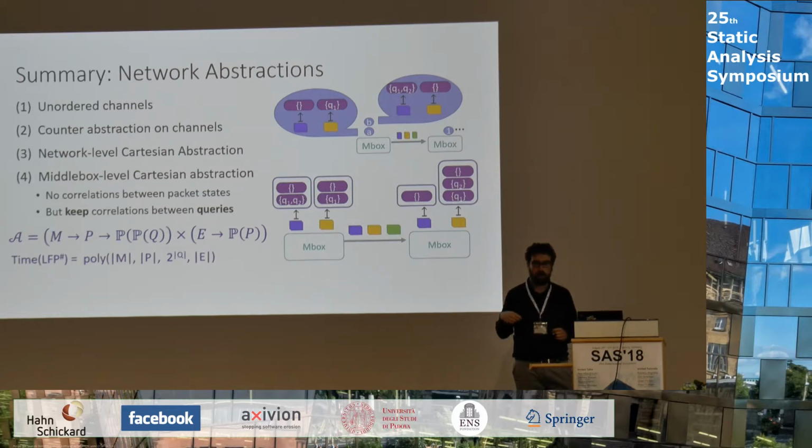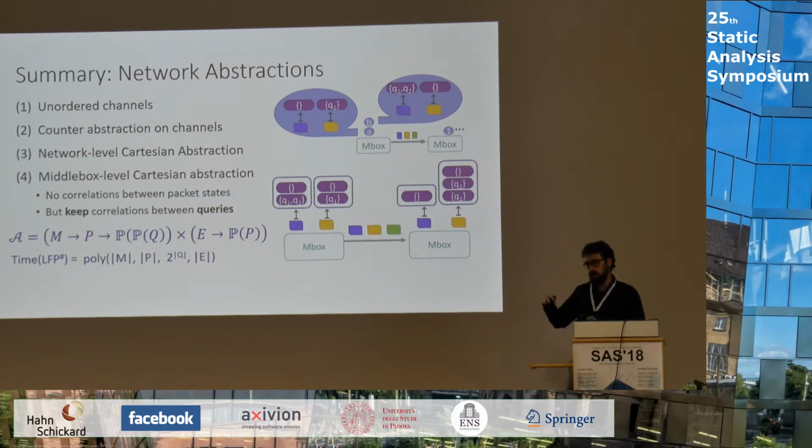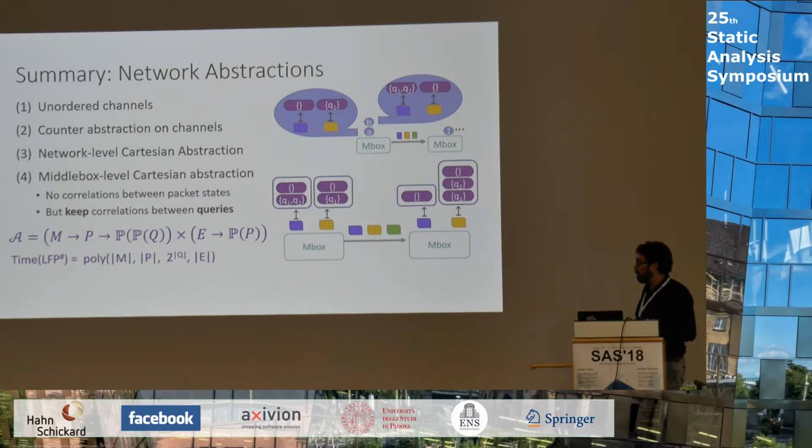We're exponential in the number of queries in the largest middle box program in our network. And in general, there are way more hosts than the number of queries in the one program that is the largest program in our system.